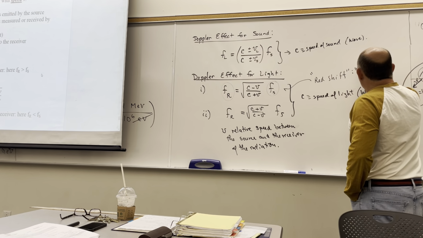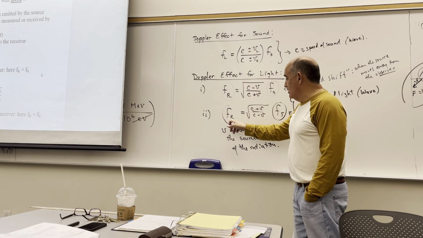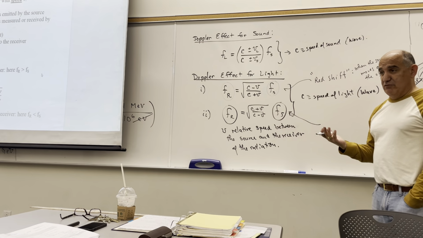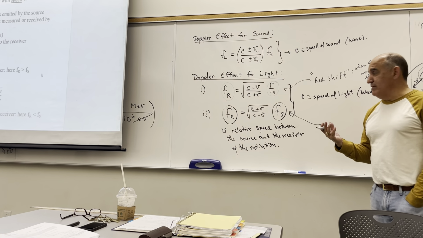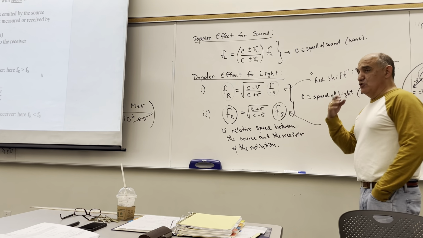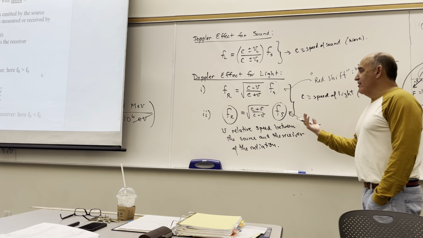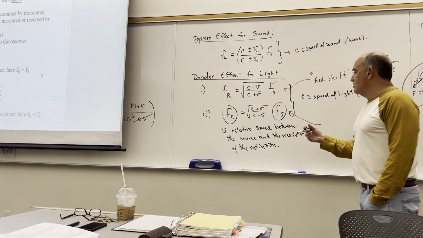And this one, if you compare the frequency of the light emitted by the source and the frequency of the light that is picked up by the receiver, the receiver will be picking up a higher frequency, right, than what the source is actually emitting. So in that case, the source has to be approaching the receiver, and it's a higher frequency, so this is a blue shift.